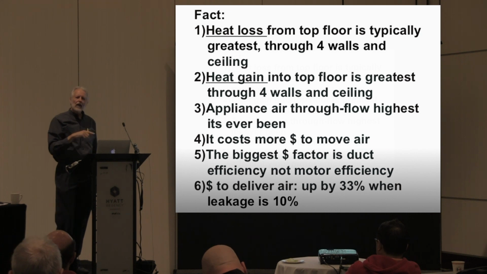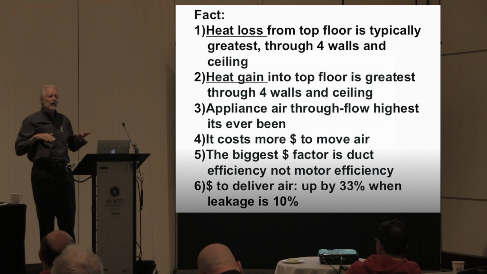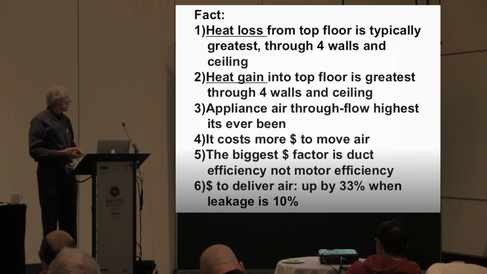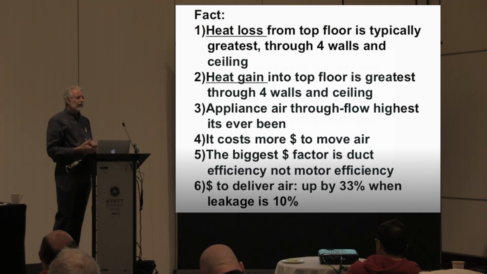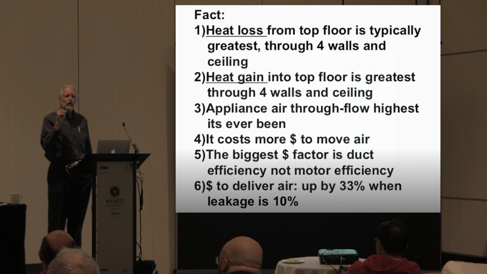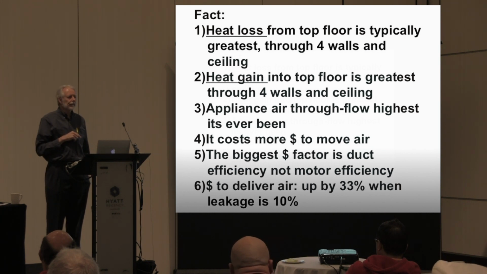So here we have a top floor today that has more heating requirements than the main. And I'll get into it more later, but the bottom floor, the basement, has even lower losses again because it's buffered from the outdoors by the dirt which surrounds it. Also, the heat gain into the top floor is the greatest. Any of you take complaints this last month of overheated top floors from past customers?